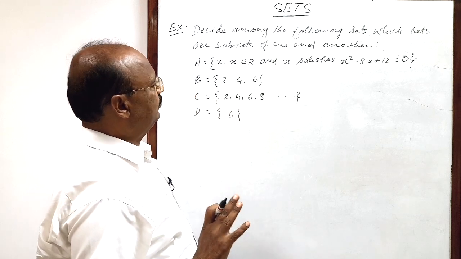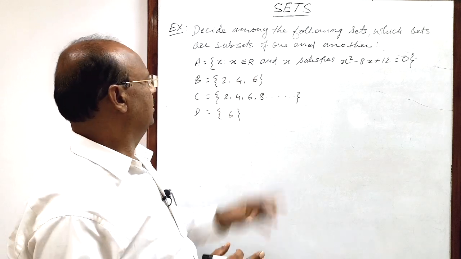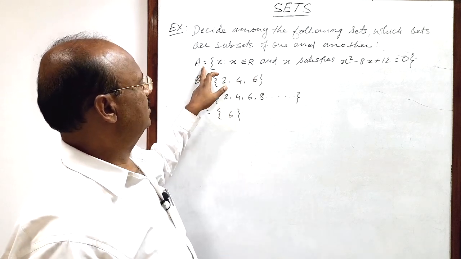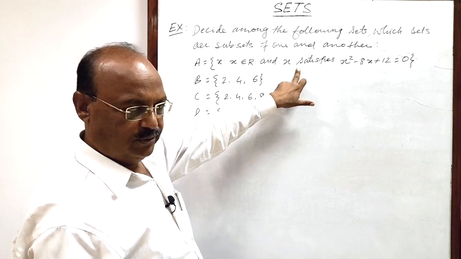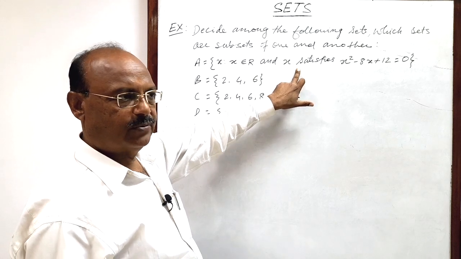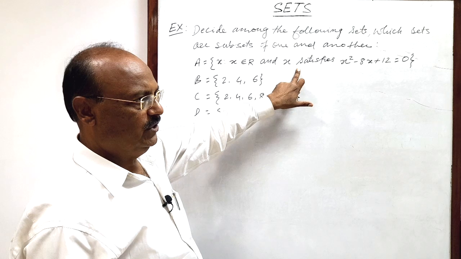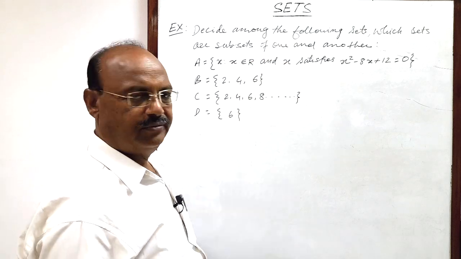Before deciding which one is a subset of another, we have to convert set A, which is given in set builder form, into tabular form, which is also known as roster form. Then we will be able to decide which sets are subsets of another.